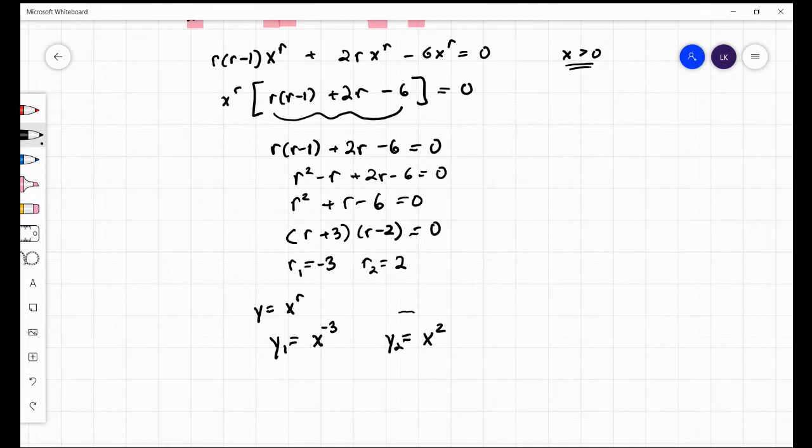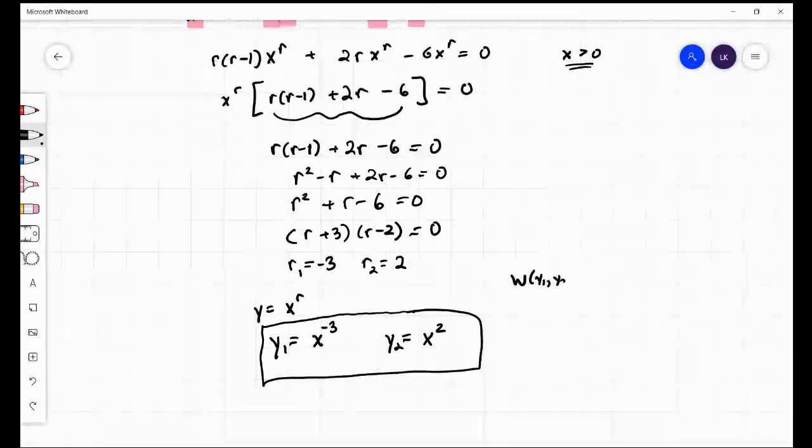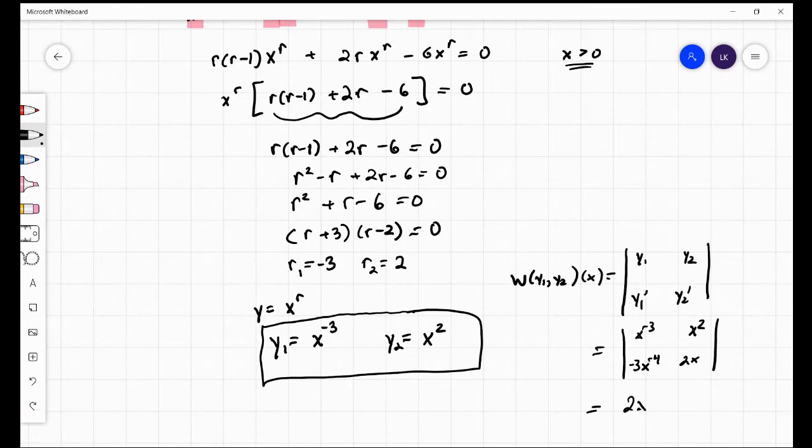So this is a fundamental solution set to our differential equation. You can confirm that these are indeed solutions. You can compute the Wronskian to see that these are in fact independent. So you get 5 over x squared, which is not 0.